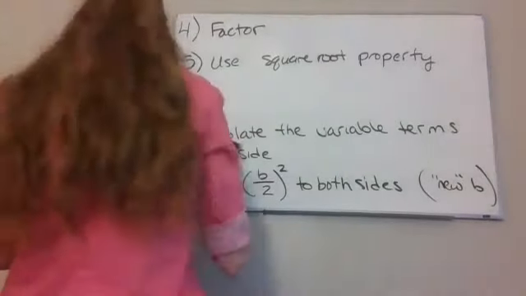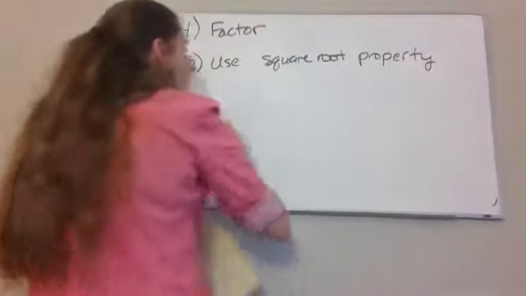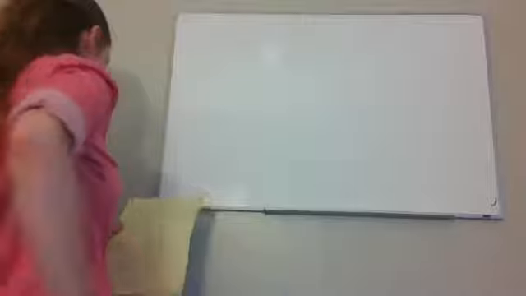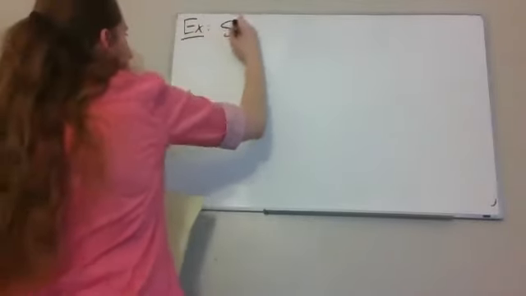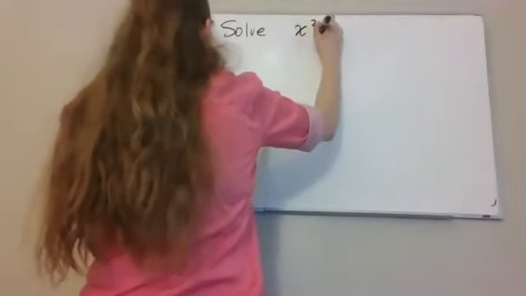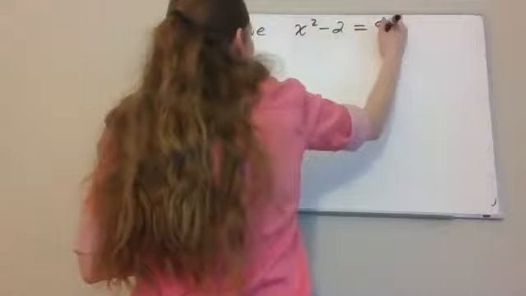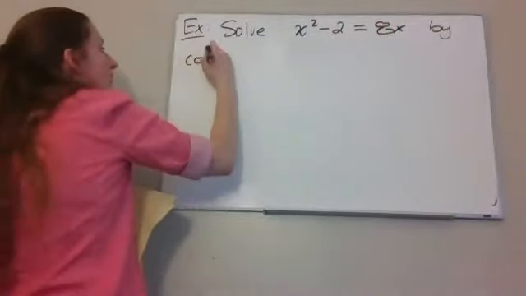So let's do an example where we use this completing the square process. Example, let's solve x squared minus 2 equals 8x by completing the square.